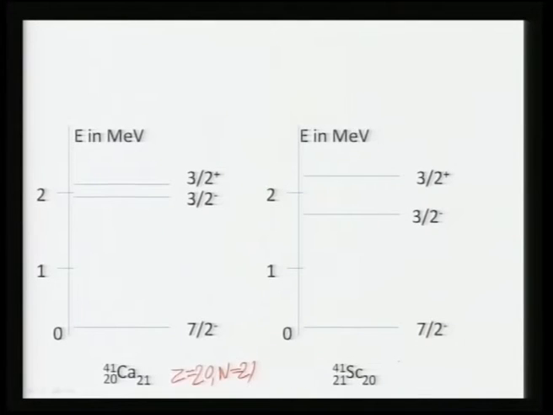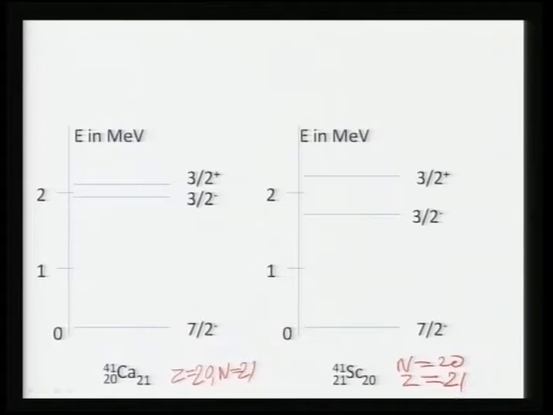In scandium, N is equal to 20 and Z is equal to 21. So, the only difference between the two is that the last nucleon is a proton in the case of scandium and a neutron in the case of calcium. So, here the energy level diagram is similar.